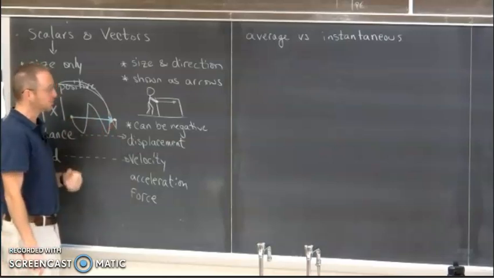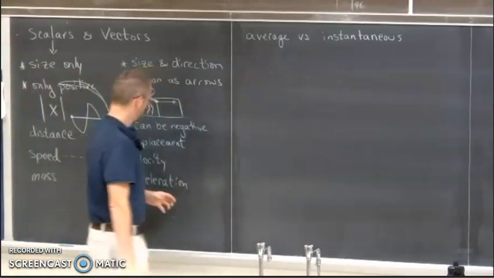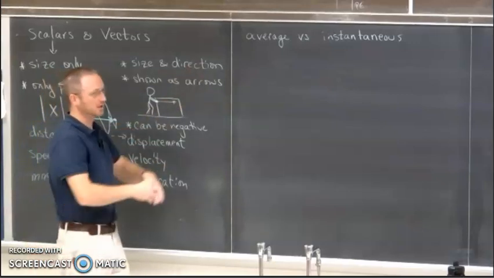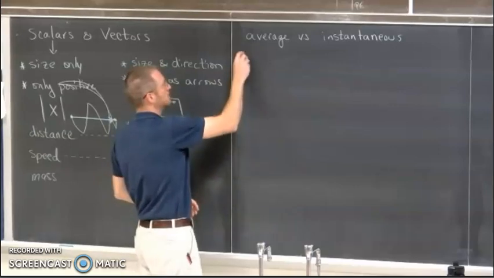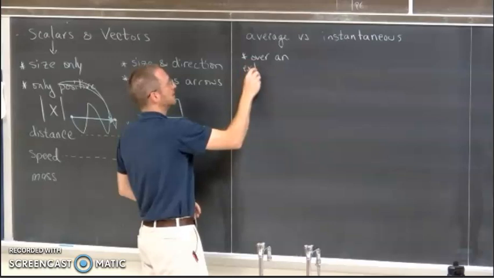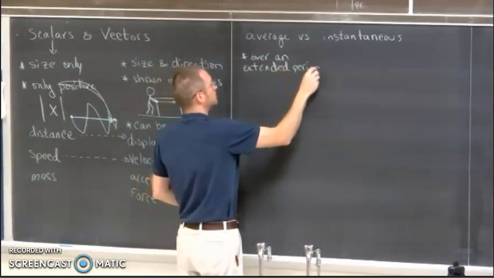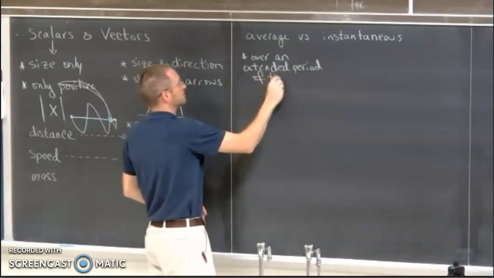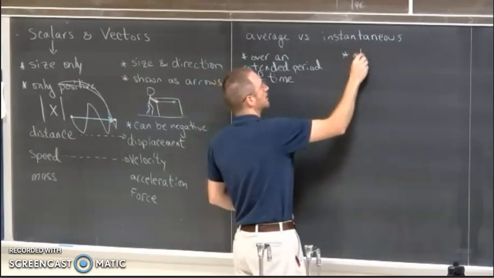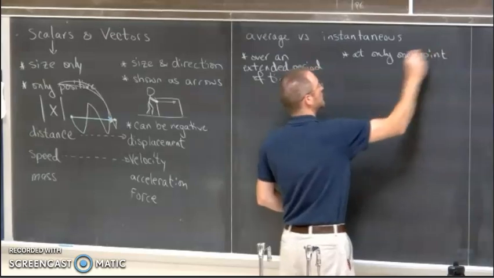All right, which brings us to average versus instantaneous. An average velocity or an average acceleration is going to be over an extended period of time. Instantaneous is at only one point in time.